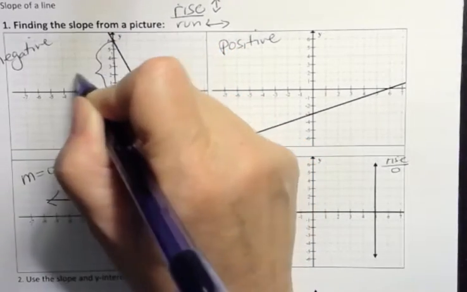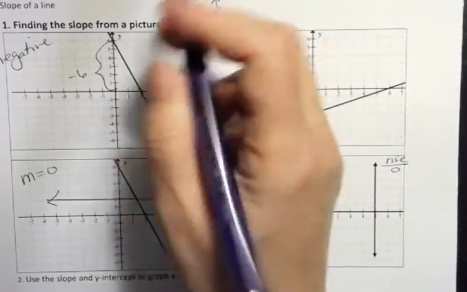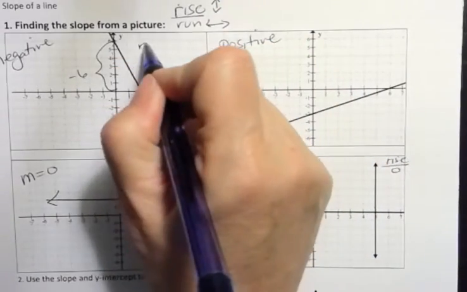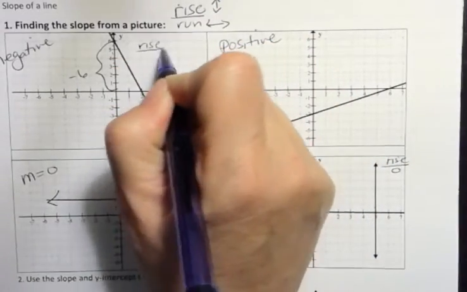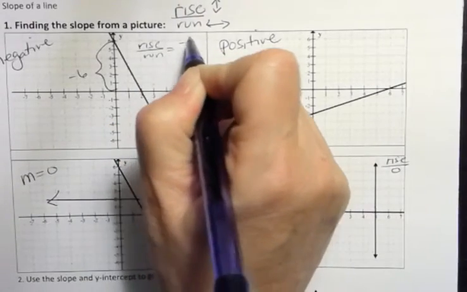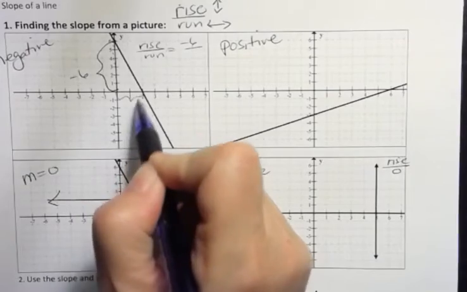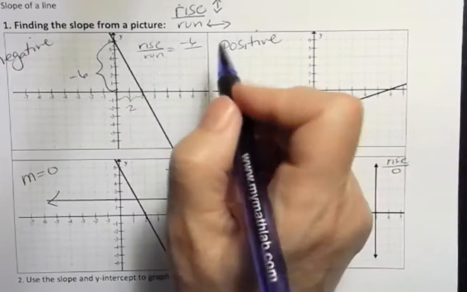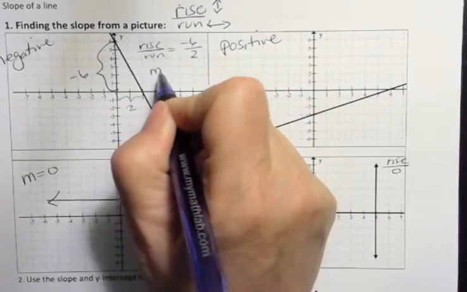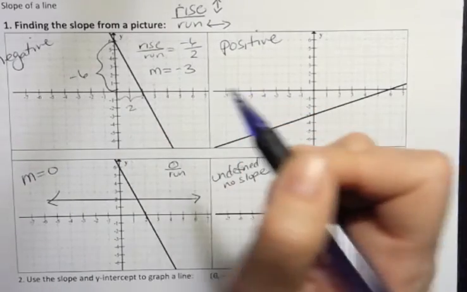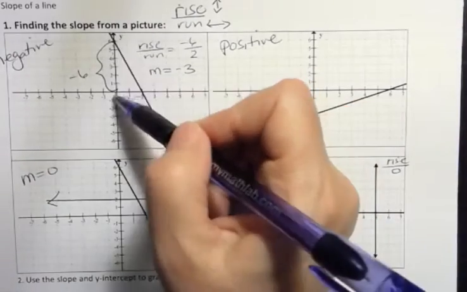That means my rise is -6. And then I go over 2, so my run is 2, and my slope equals -3. So I'm going down and then over.